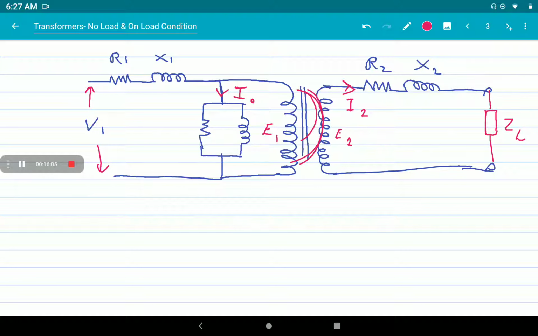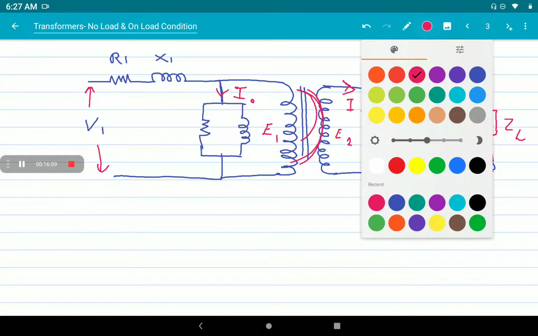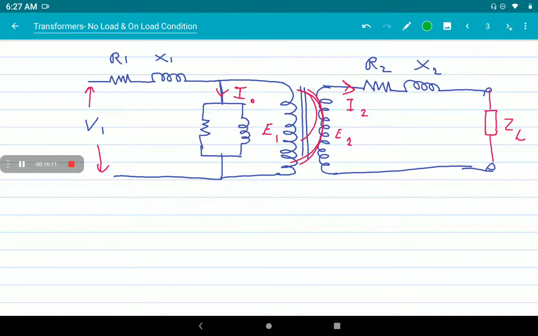When a current I2 is produced in the secondary winding, what happens? When a current flows through a coil, it produces a flux. There will be another flux phi 2 on the secondary winding. That flux will interact with the initial flux, phi 0.